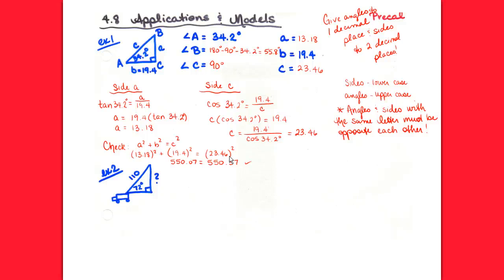So example number 2 over on page 356. Example 2 says a safety regulation states that the maximum angle of elevation for a rescue ladder is 72 degrees. If a fire department's longest ladder is 110 feet, then what's the maximum safe rescue height? Okay, here is my sad attempt at a fire truck right here.